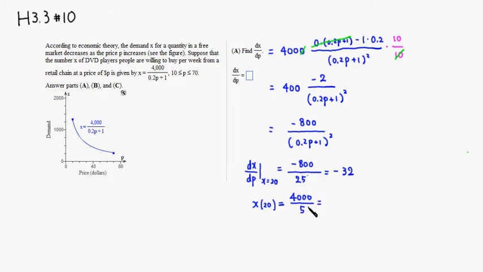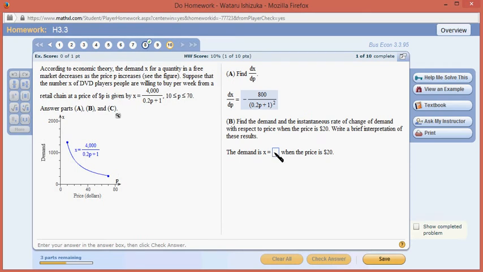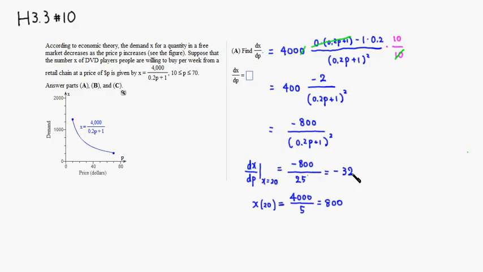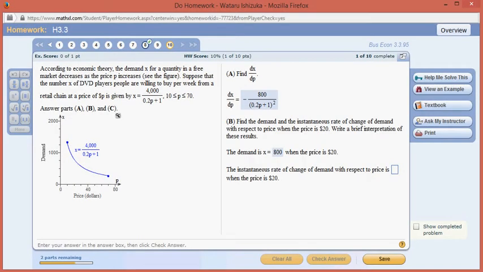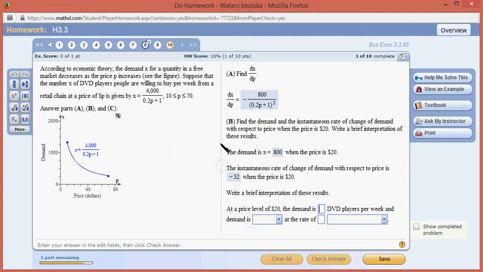That's 800, so demand is 800. Put that in, check the answer. We got that. And the instantaneous rate of change we found to be negative 32. Put that in. Good.